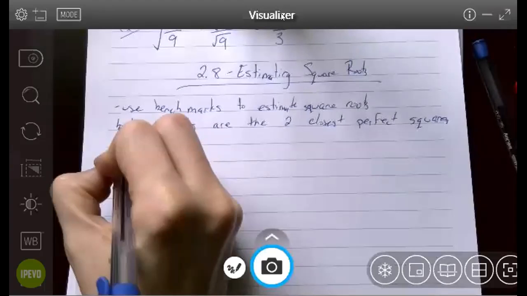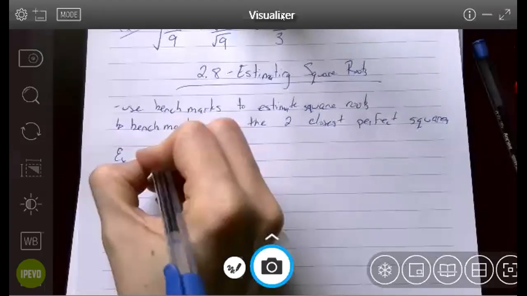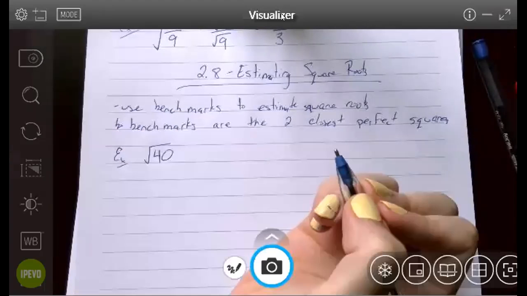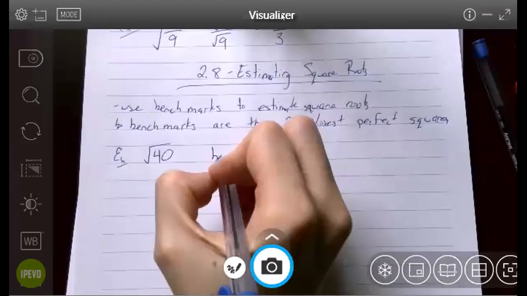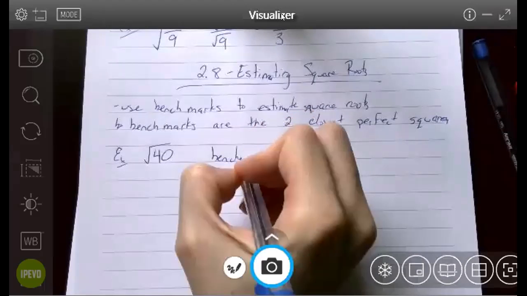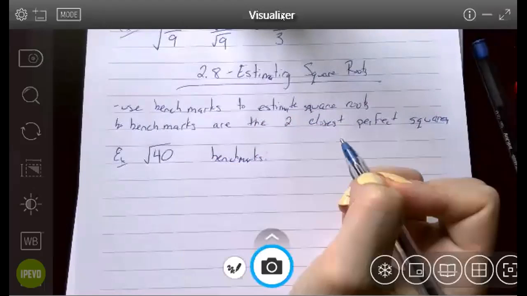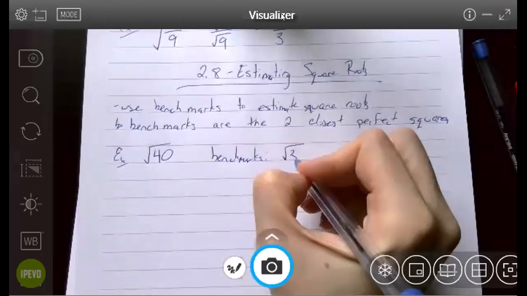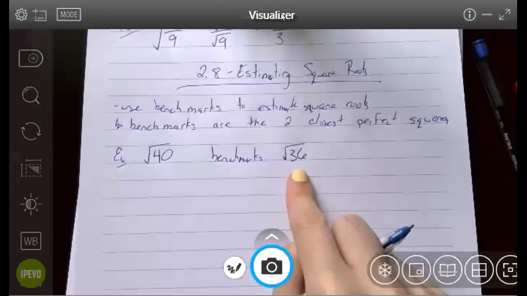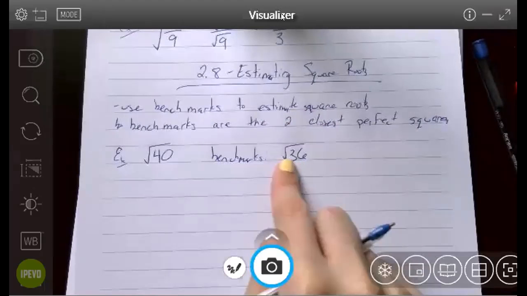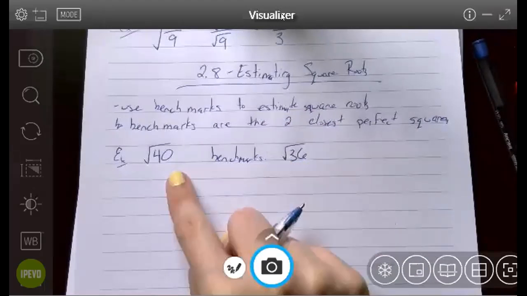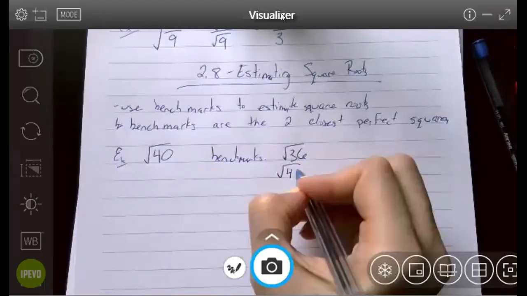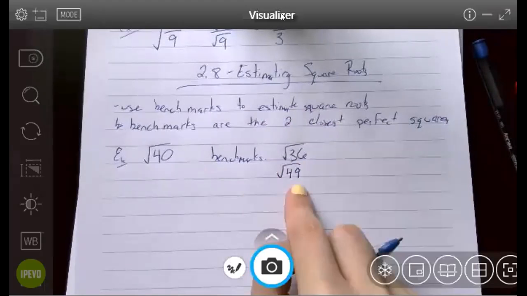So for example, if we needed to estimate the square root of 40, the benchmarks that we would use would be the square root of 36, since 36 is a perfect square and it is the closest one below 40, and also the square root of 49. 49 is the closest perfect square above 40.